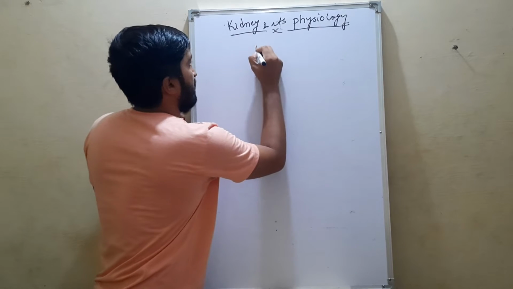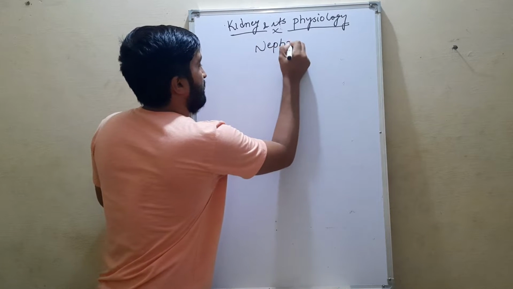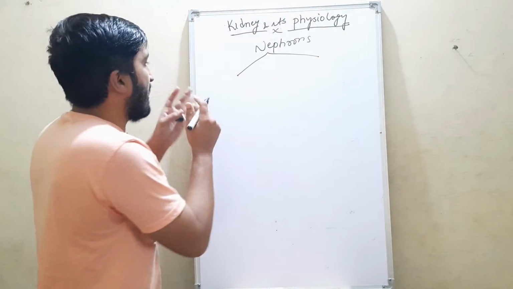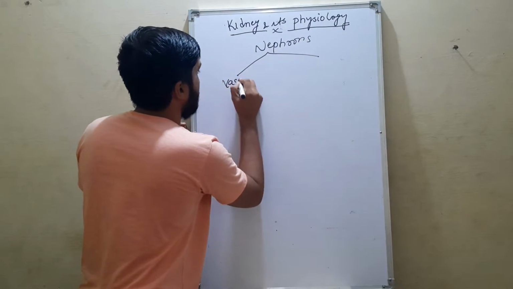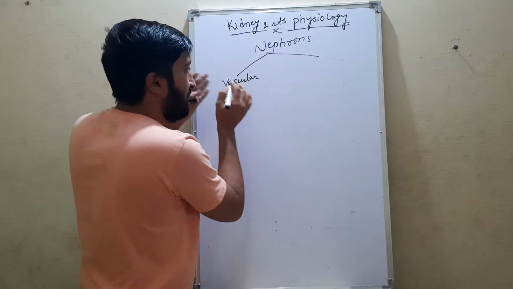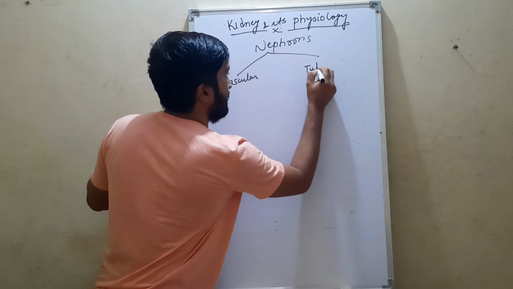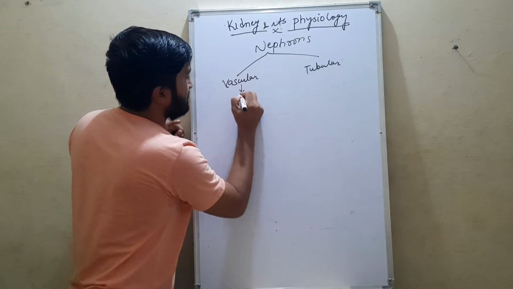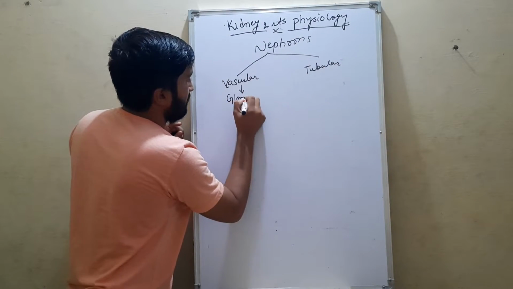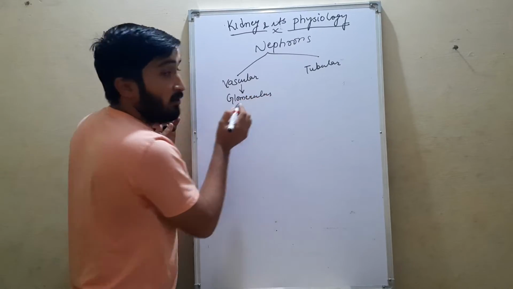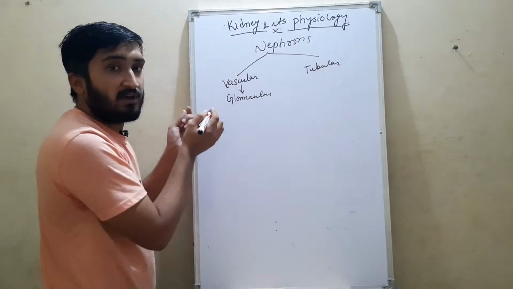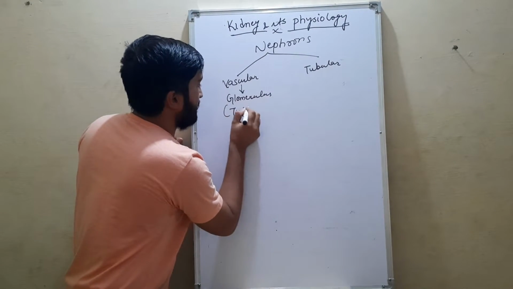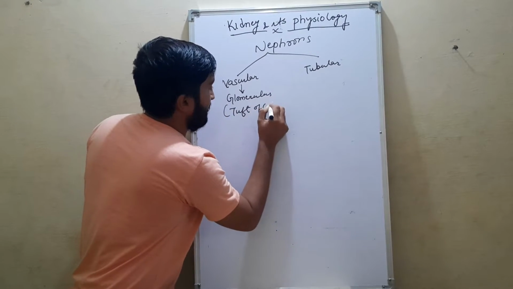See, nephrons contain two parts. First is the vascular part, it means the blood vessels are present, and second is the tubular part. In the vascular part, the glomerulus is present. Glomerulus also consists of capillaries, so sometimes it is known as the tuft of capillaries.